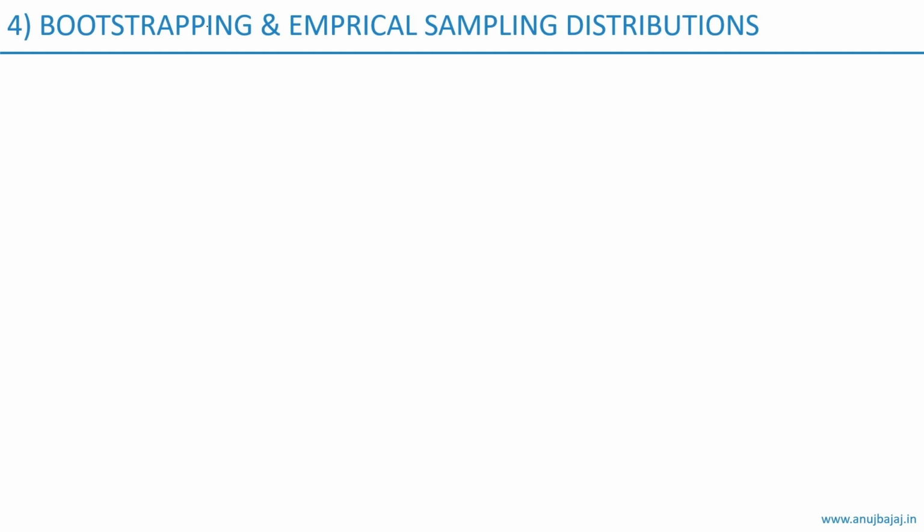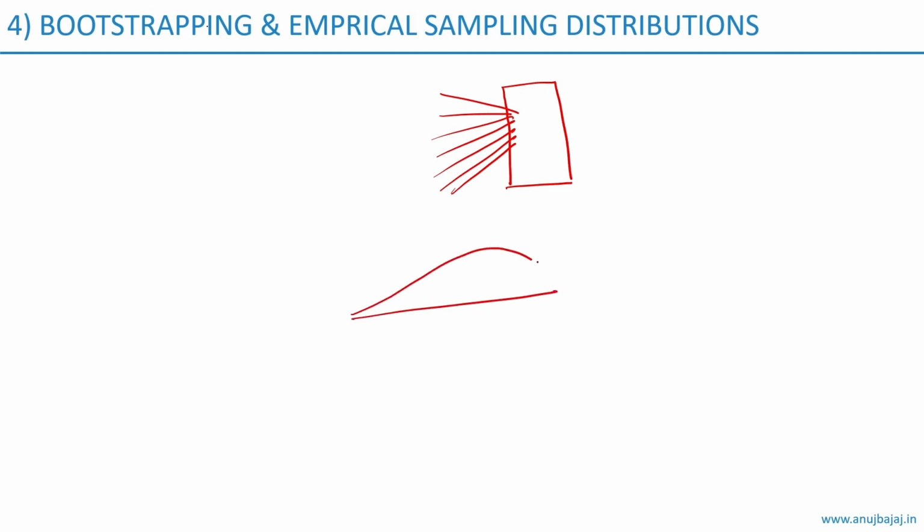We are done with the most important section of this chapter, which was the central limit theorem. Now we look at bootstrapping and the empirical sampling distributions. Suppose this is the population data. The central limit theorem that we have studied stated that if we draw hundreds of samples from the population data where the sample size is large enough, then we will have the sampling distribution of the sample mean, which is approximately normally distributed.